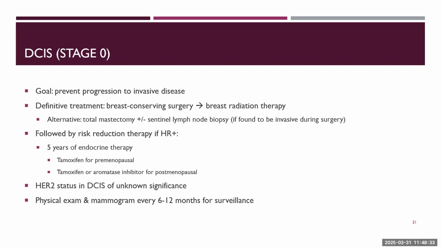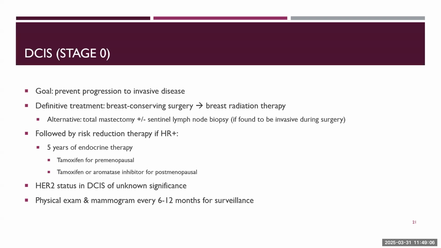So for DCIS or stage 0, this is non-invasive. The goal is to prevent progression to invasive disease. Normally for these patients, if they are found to have DCIS, definitive treatment is breast conserving surgery, potentially followed by breast radiation therapy. The alternative is a total mastectomy with or without a sentinel lymph node biopsy, if it's found to be invasive during surgery. But typically, if we're doing breast conserving surgery, then they will need radiation.